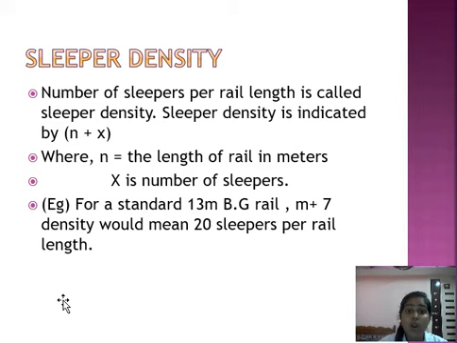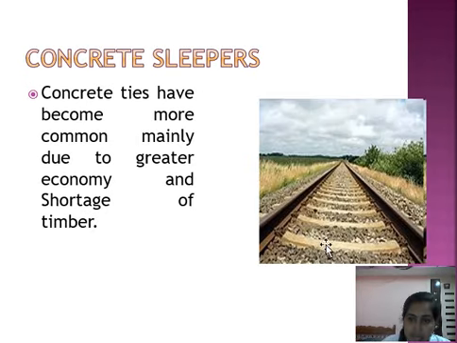So the number of sleepers required per rail length is called sleeper density. That is number of sleepers 1, 2, 3, 4, 5, 6 like that. Per rail length means 13-meter rail length, how many sleepers are required? That is known as sleeper density.